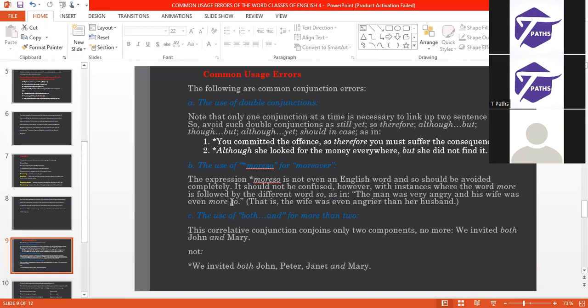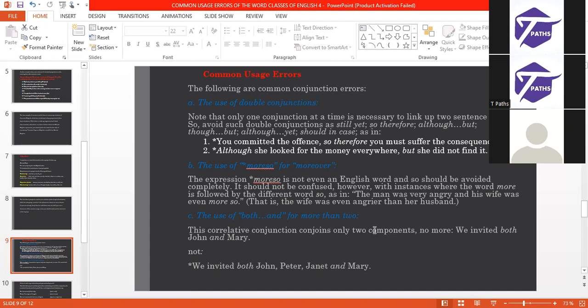Okay? That is, the wife was even angrier than her husband. That's the meaning. So do not mistake more so for moreover, and don't equally mistake more so for more space so. Okay, when somebody does something more than the other person, all right, as we have noted here.